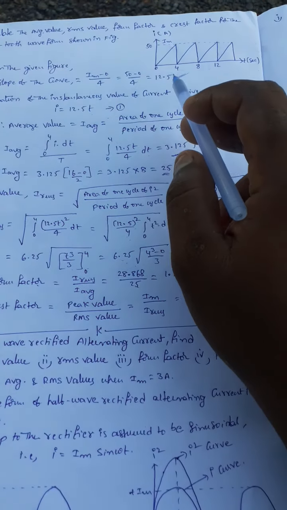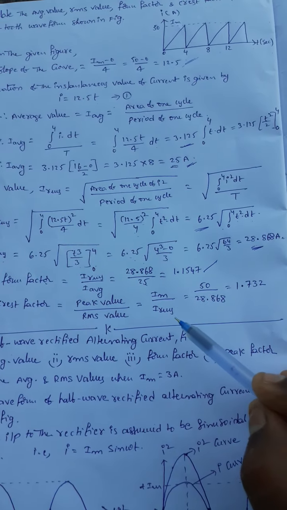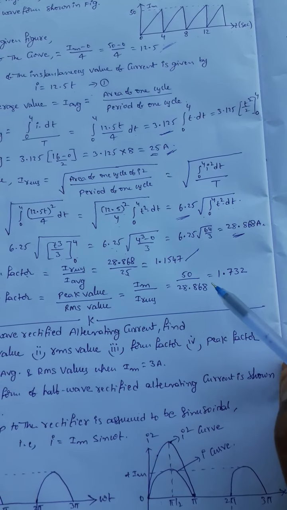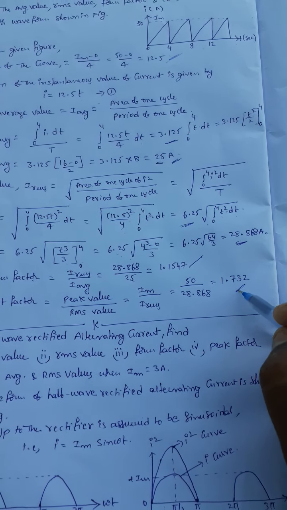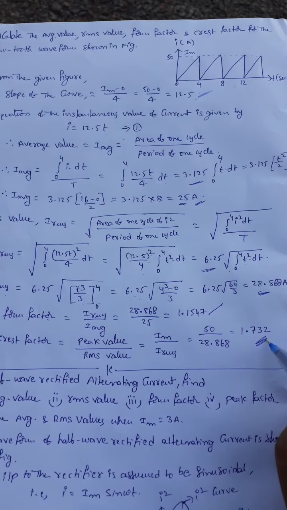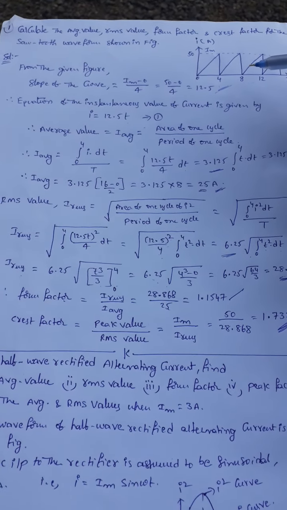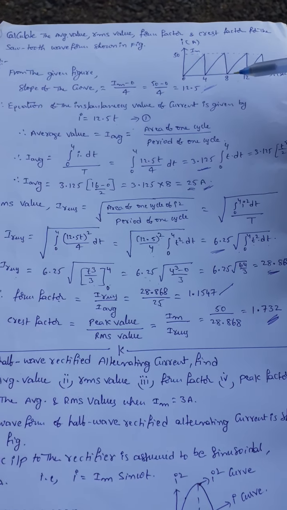The peak value here is the maximum, 50. So 50 by the RMS value, which we already know, gives 1.732. So this is the way to find the RMS value, average value, form factor and peak factor for a given waveform. This is one of the important questions.